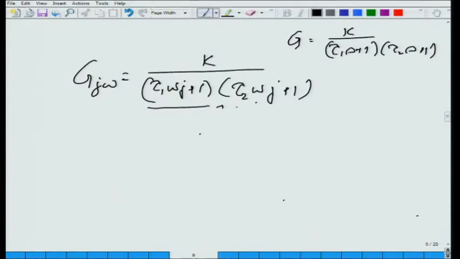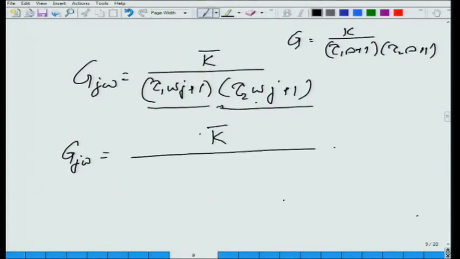Treat this as one complex number, this is another complex number, and this is another complex number which is real. So, then for the total product G(jω), express each of the complex numbers in their respective polar forms; this will be e to the power 0j.